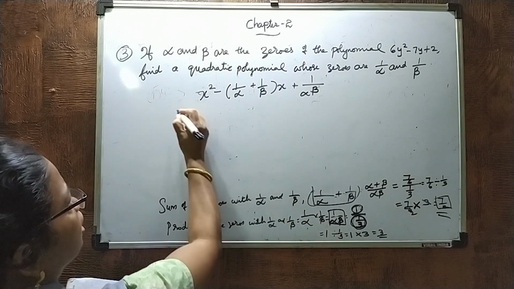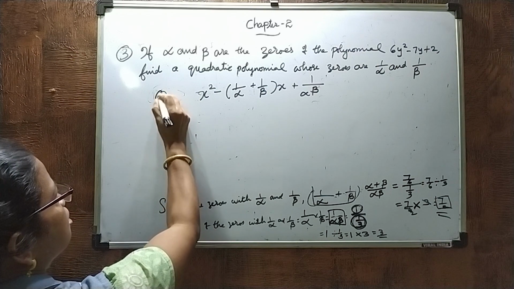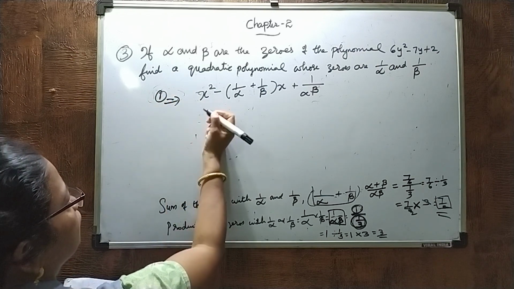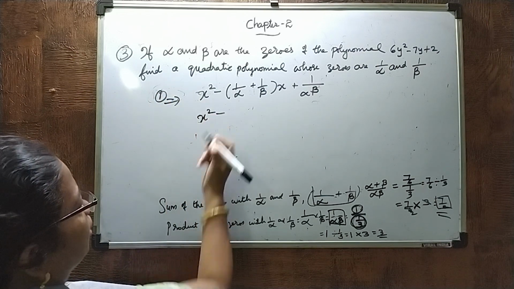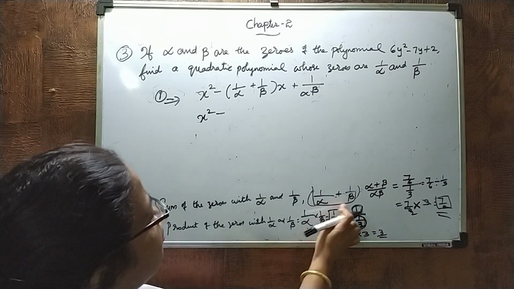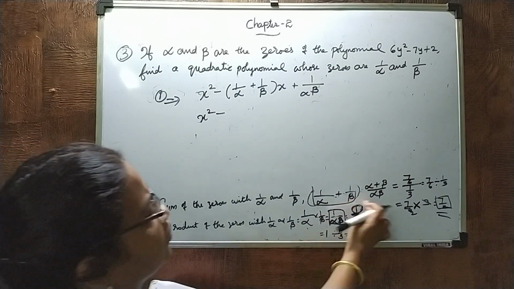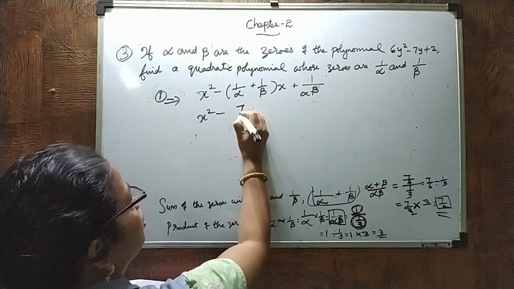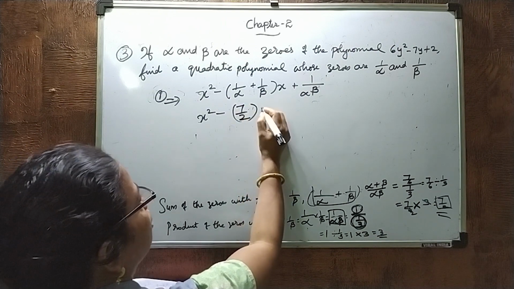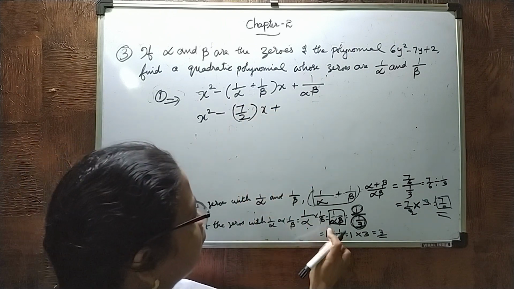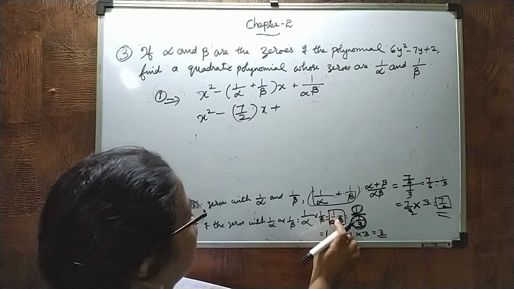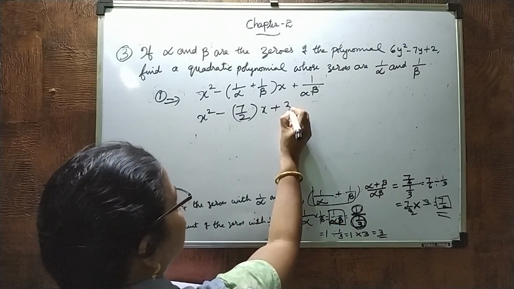So equation number 1 becomes x square minus, 1 by alpha plus 1 by beta, we got the answer 7 by 2, 7 by 2 into x plus 1 by alpha beta. 1 by alpha beta we got the answer as 3.